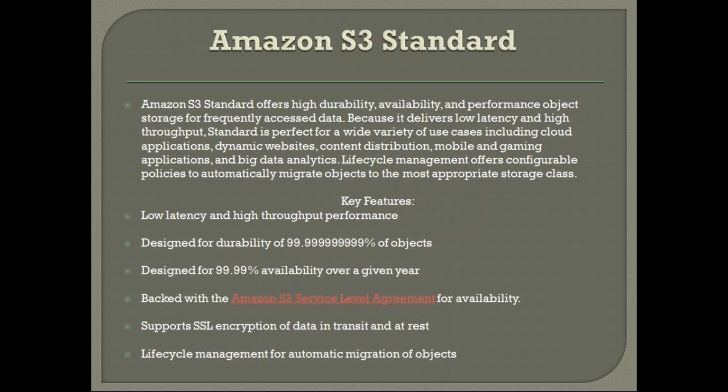Okay. So first we will see about S3 Standard. As the name mentions, Amazon S3 Standard offers high durability, availability, and performance object storage for frequently accessed data. An example of frequently accessed data is the photos or music files in your phone.